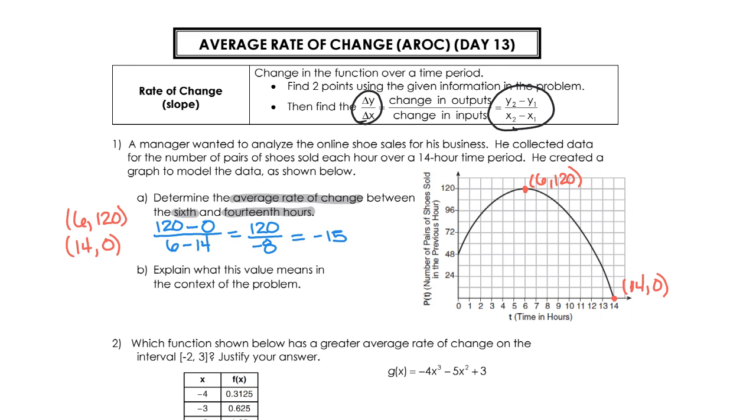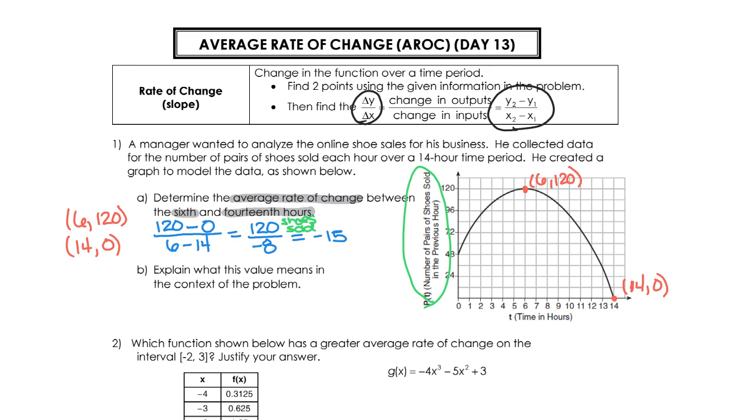And so what they're going to ask you, more so in Algebra 2 than in Algebra 1, is to explain what that means in the context of the problem. So what I do is I go back and I say, all right, what are these y values? If we go back and look at what our y values are, it's the number of pairs of shoes sold in the previous hour. So basically it's shoes sold. On the top here, this 120 that I had, I'm just going to write shoes sold.